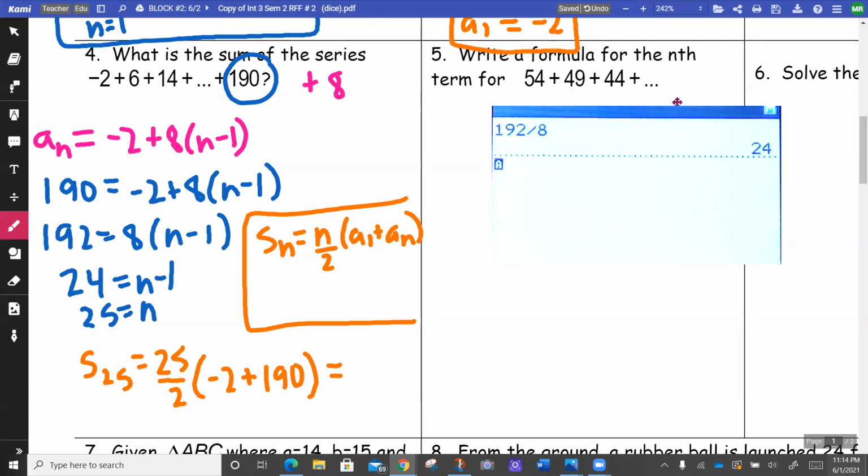Okay, so when I get 25 over 2 times -2 plus 190, I end up with 2,350 as my sum.